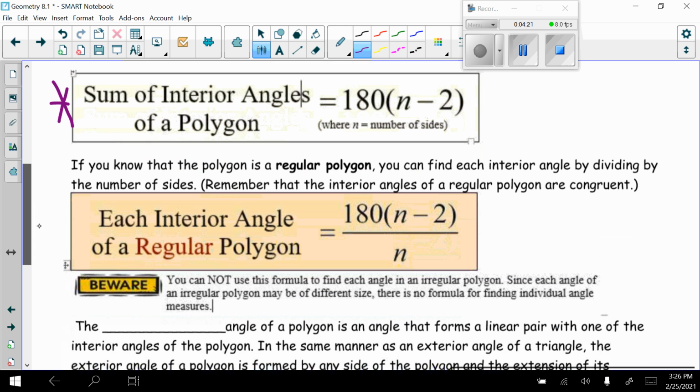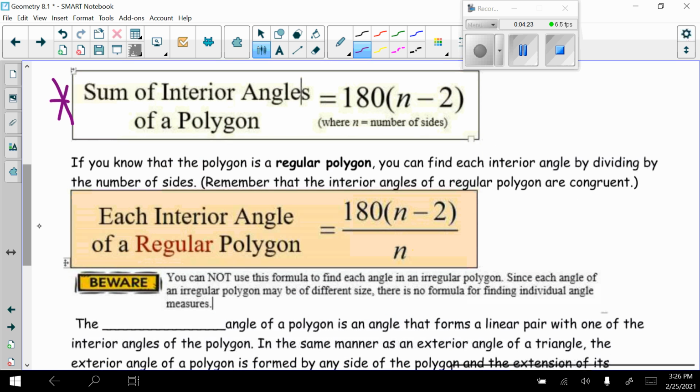If you know that the polygon is a regular polygon, remember that regular means all sides and all angles are the same. You can find each interior angle by dividing that by the number of sides. So each interior angle of a regular polygon is 180 times n minus 2 divided by n, again where n is equal to the number of sides. But beware, you cannot use that formula to find each angle in an irregular polygon.